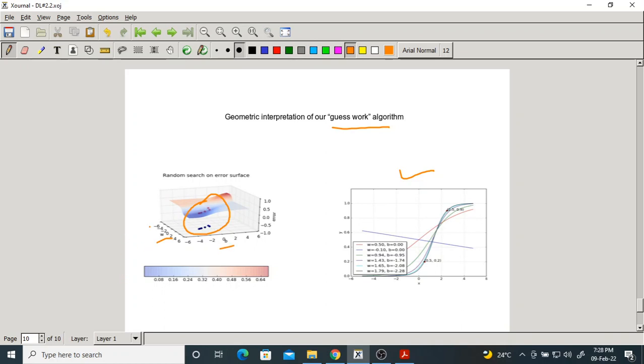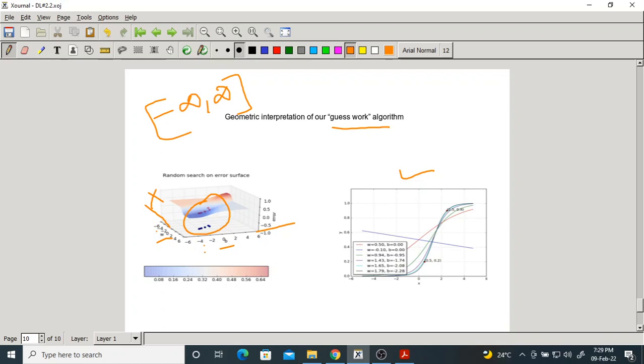In this example I have taken minus 6 to plus 6, but if you take more values of W and B, maybe at some point you may get even less error. We cannot take all possible ranges of W and B, that is minus to plus infinity. So we don't know at which values of W and B the error is 0 or minimum.